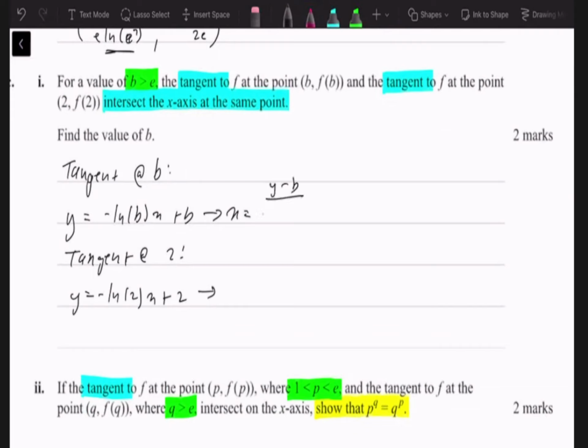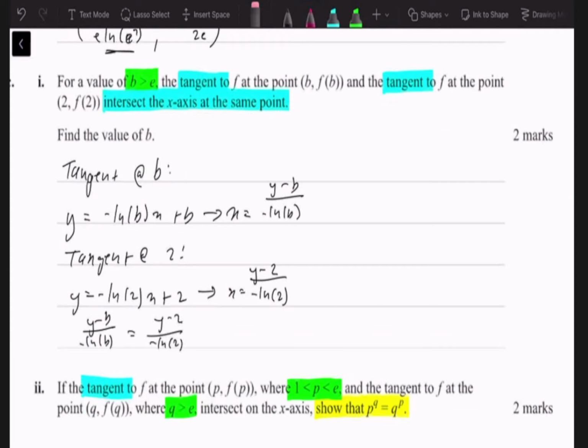So y minus b on negative ln b, and this is y minus 2 on negative ln 2. And then since the x values will be the same, we can equate these two things. So y minus b on negative ln b is y minus 2 on negative ln 2.